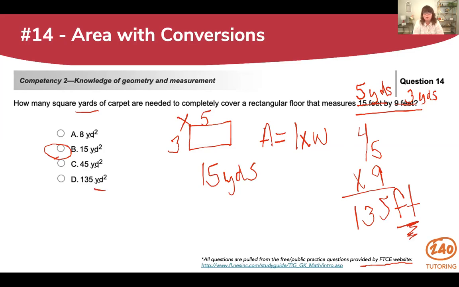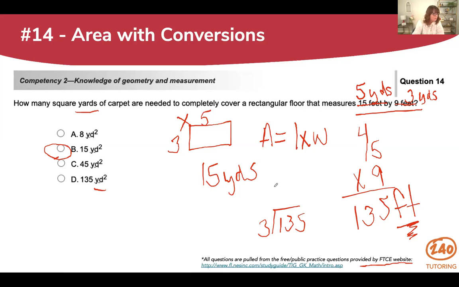So that wouldn't be correct. You could take that 135 and then divide it by 9, and you would still get the correct answer. Anyways, I like to do it this way, but you certainly can convert it another way, okay?